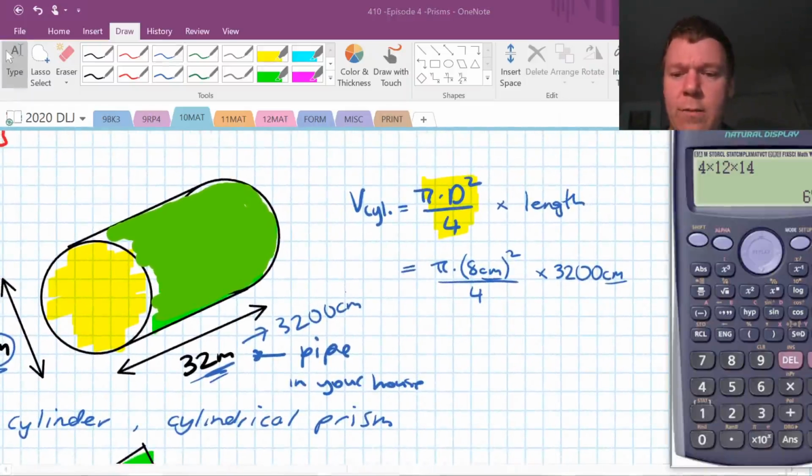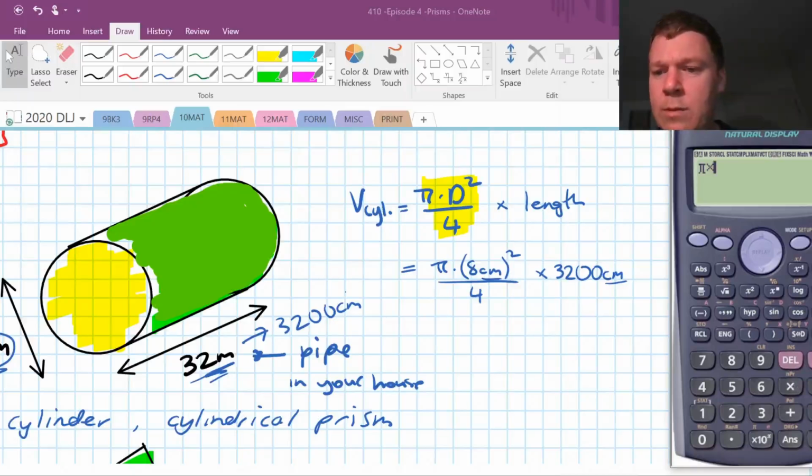Right, let us chuck that in our calculator. Shift pi times 8 centimeters squared times 3,200 centimeters divided by 4.